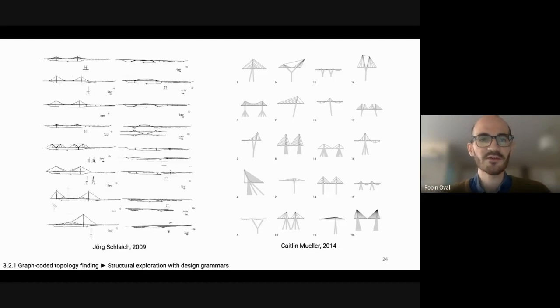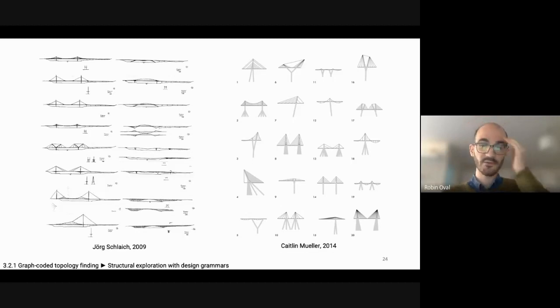The structural grammars are actually part of a wider family of shape grammars that were developed by Stiny and Gips, and they have found applications in engineering, but also in architecture, urbanism, and art. So there's a wide range of possibilities coming from this grammar rule-based approach.